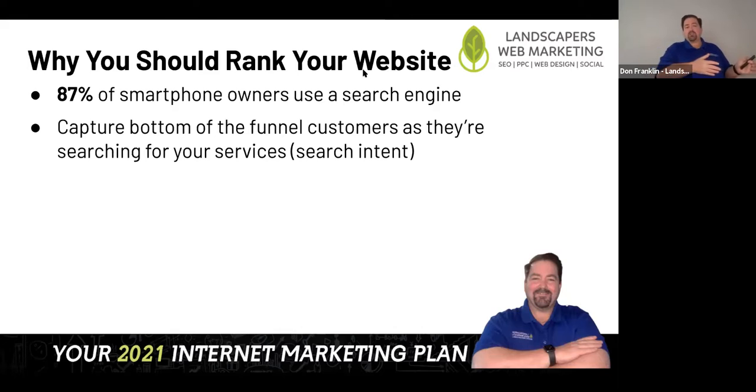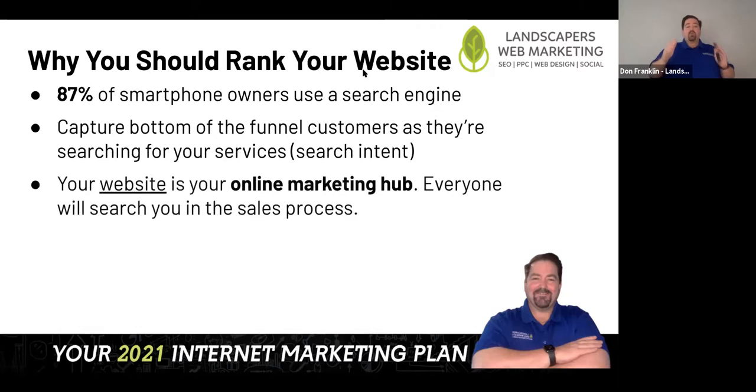As I briefly mentioned, the difference between Facebook and Instagram and other social media ads is that this is more for the middle and bottom funnel customers that you're capturing, because it's a search intent. They're actually looking for your services or solutions to their problems. So it's a higher search intent, a little bit further down the funnel. However, it doesn't mean they're necessarily your ideal avatar, which is what we're better at doing within Facebook and Instagram. So all these things work together.